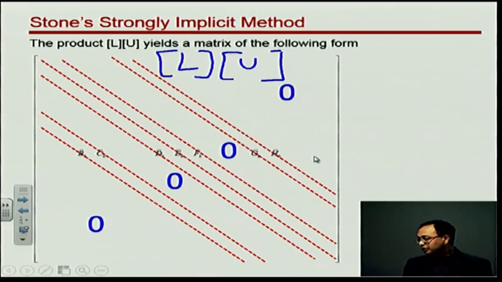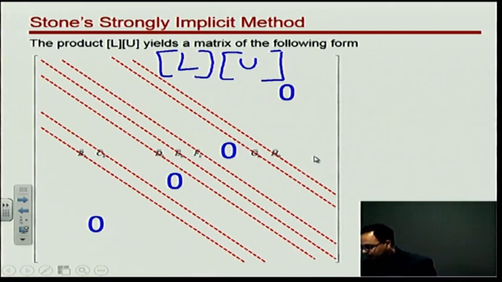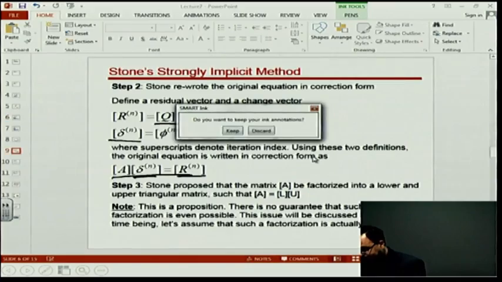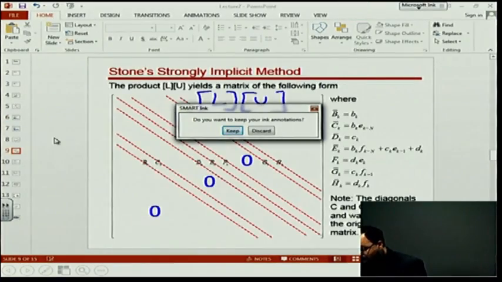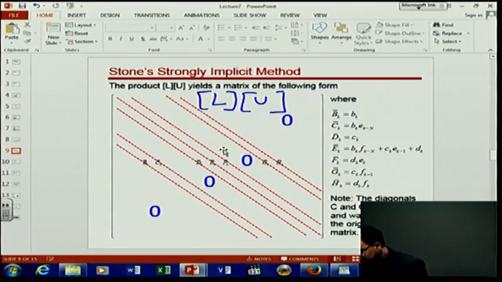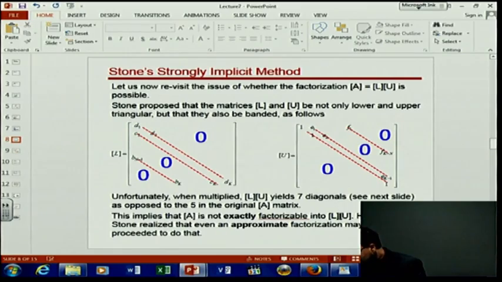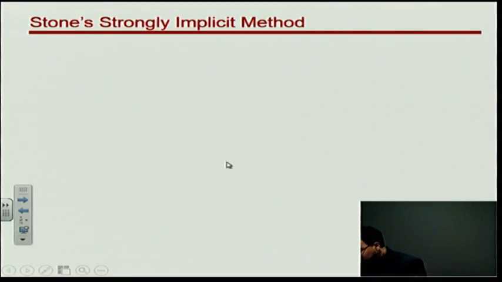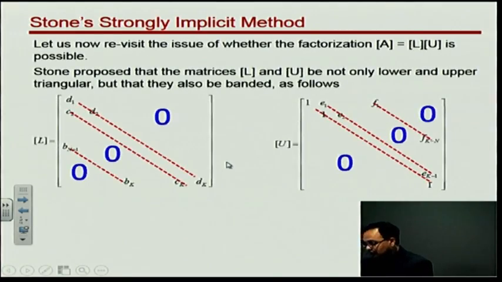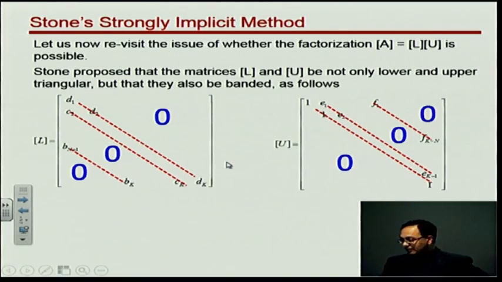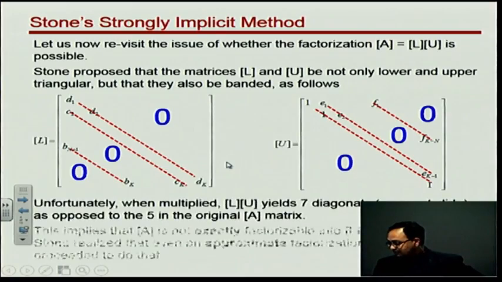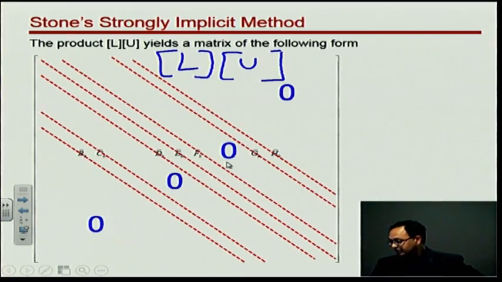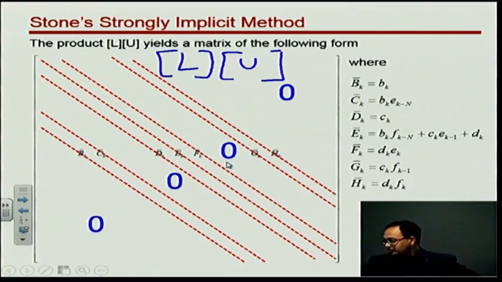So these are my L and U coefficients, with the small letters. If I multiply them and write them in this form, you can derive these relationships very easily.